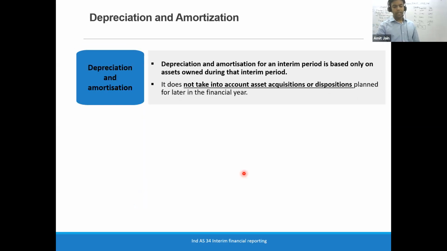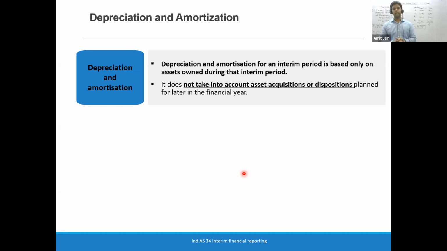Okay. Depreciation and expenses, right? How should I recognize the depreciation expense? It should be recognized in the same manner in which I recognized it in the previous financial year. That means I will apply depreciation either on the straight line method or on the WDV method, the method which I adopted in the previous annual financial reporting.